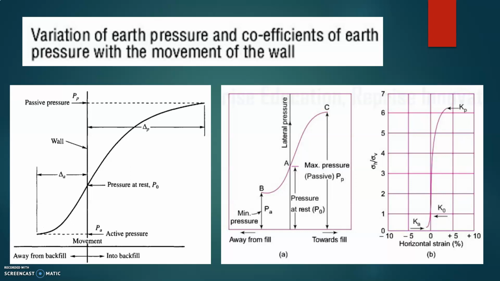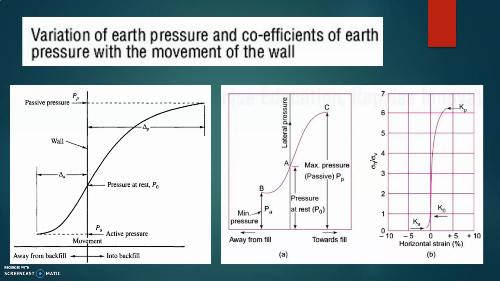Okay, so in this figure, the variation of coefficient of earth pressure with the horizontal strain is shown. Here point A represents the earth pressure at rest. When the wall moves away from the backfill, mobilization of the internal resistance of the soil, which builds up in directions away from the wall, takes place, and hence the earth pressure on the wall decreases.